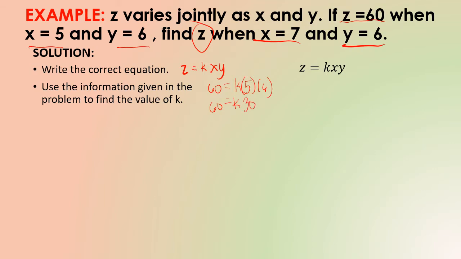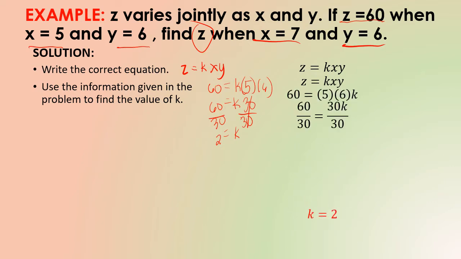Para mawala yung katabi ni k, which is 30, division property of equality, divide both sides by 30. 60 divided by 30, that is 2. We found the value of k, which is 2. Tingnan natin kung tama. Very good. k is equal to 2.